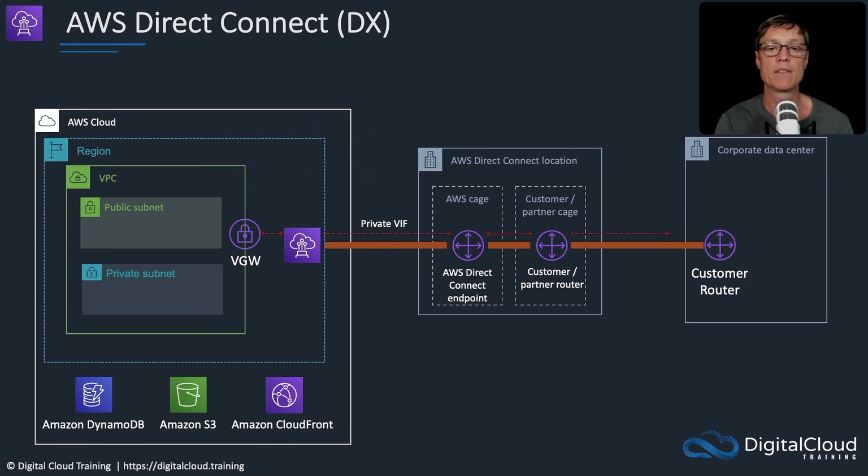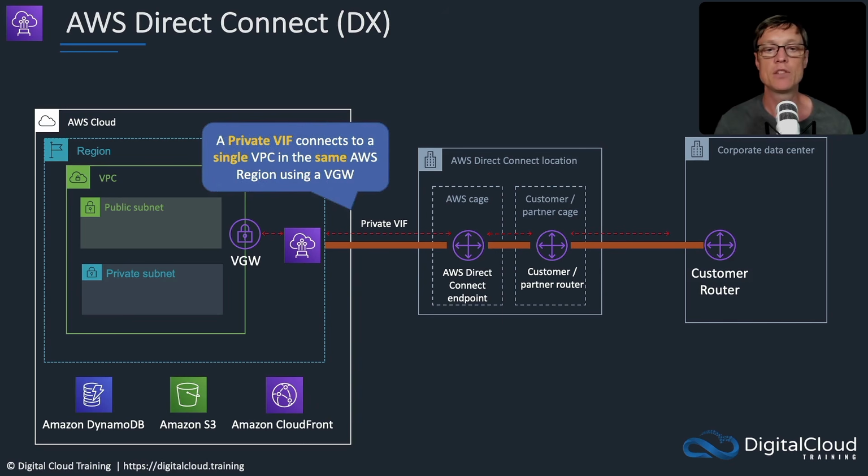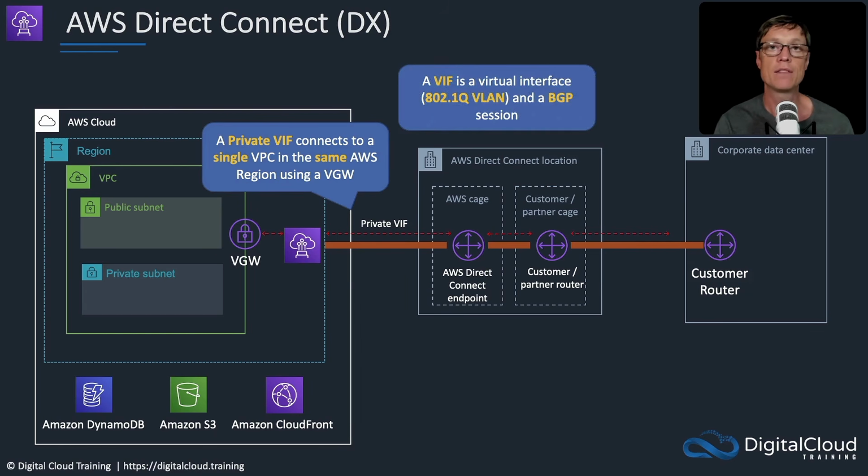A private VIF is the way that you connect into your VPC in the same region using a virtual gateway. So there's a virtual private gateway attached to your VPC, and the private VIF will send data across the DX connection into your VPC. A VIF is a virtual interface that uses 802.1q virtual local area networks, VLANs, and a BGP session as well.